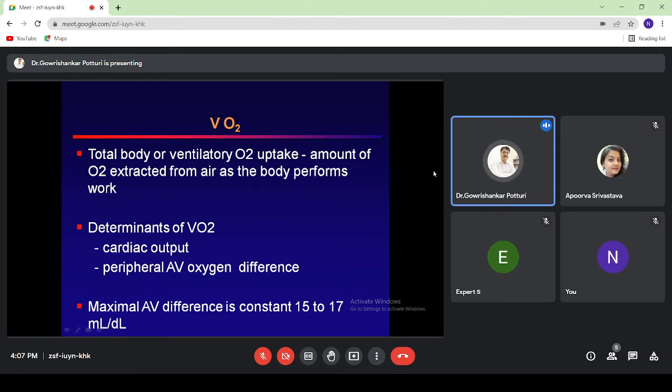Total body or ventilatory oxygen uptake is the amount of oxygen extracted from air as the body performs work. The VO2 max depends upon the cardiac output and peripheral arteriovenous oxygen difference. Maximal AV difference is constant, that is 15 to 17 milliliter per deciliter.